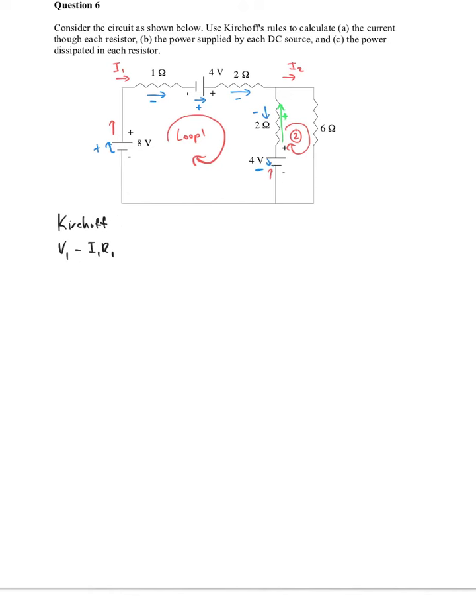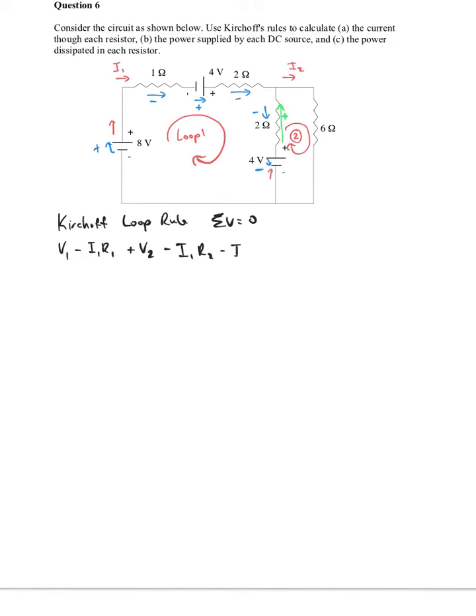So let's just use the loop rule. Sum of the voltages equals 0. So let's start again. We've got a voltage gain across the first battery. We have a voltage drop across the first resistor. We have a voltage gain with the second battery, and we have a voltage drop, I1 R2, across that resistor.